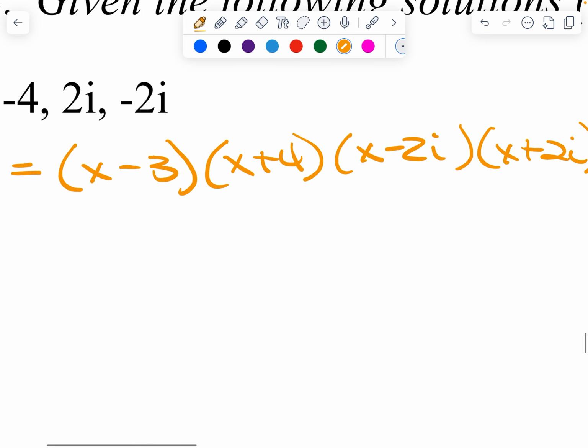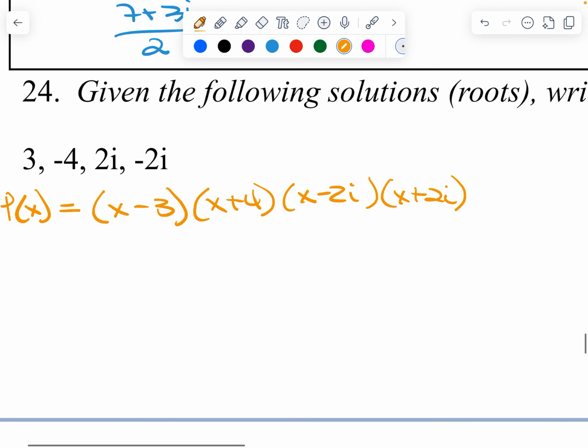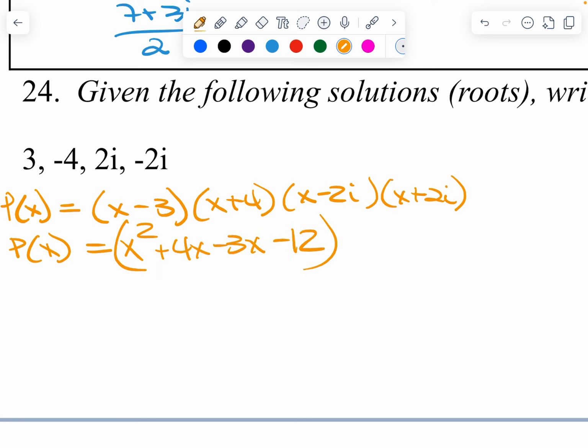Okay, so I'm going to multiply the first two. And I get x squared plus 4x minus 3x minus 12. And then I get the second one, so x squared minus 4i squared. This part right here changes to a positive 4.